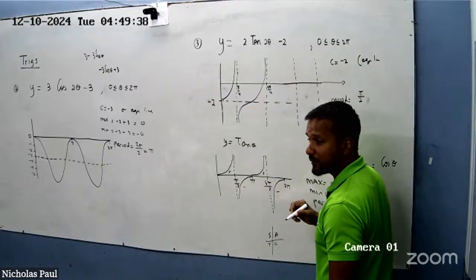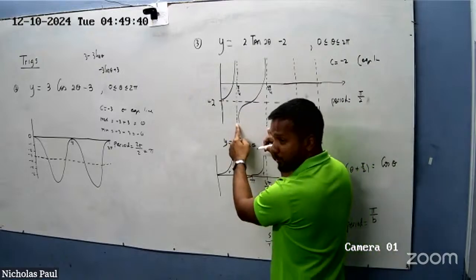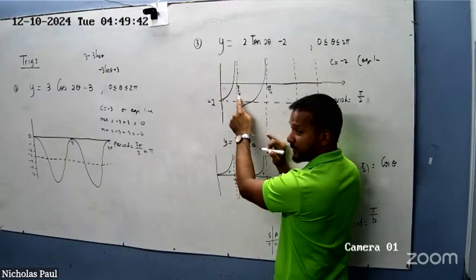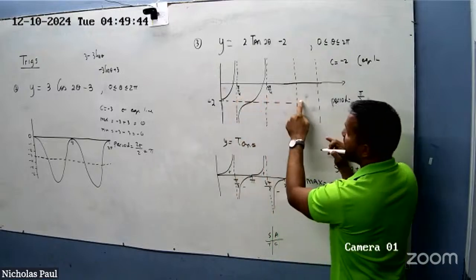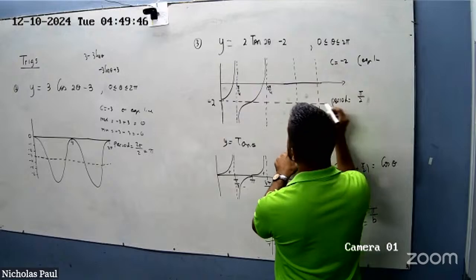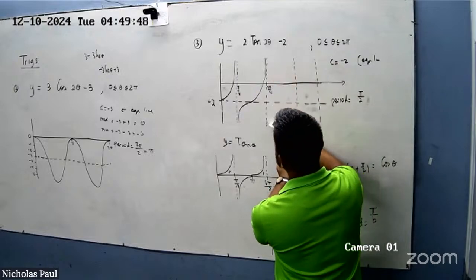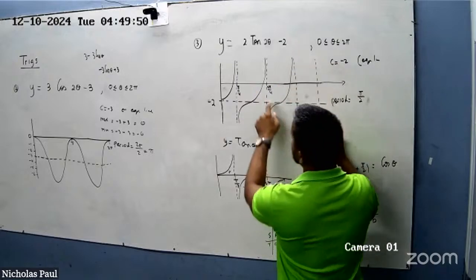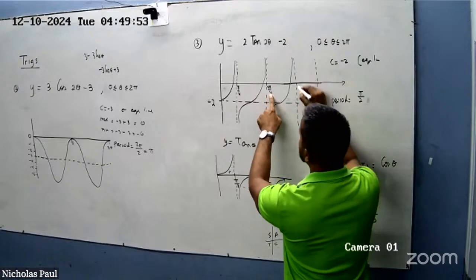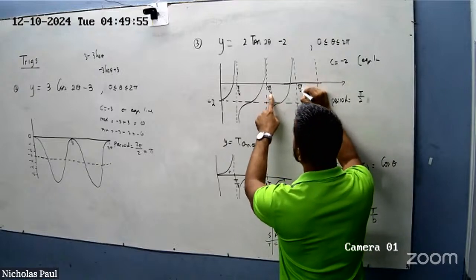Everybody okay with that? Here to here is pi on 2, so add pi on 2 to this. Here to here, I'm going to add pi on 2 again. I'm going to add pi on 2 again, so that will be 5 pi on 4.